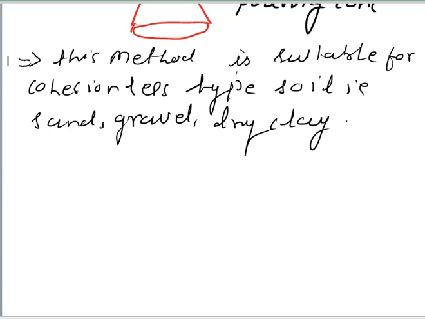So this is the idea of this method, but sorry, we have not yet discussed where this method is used.